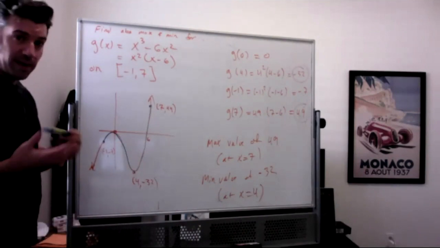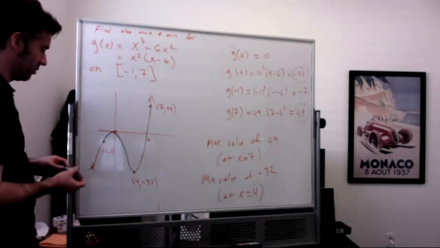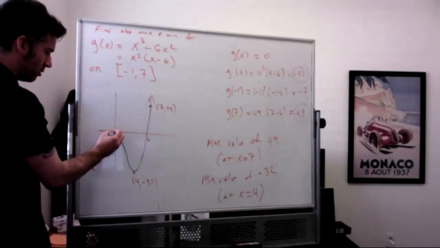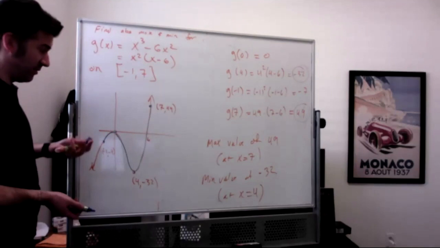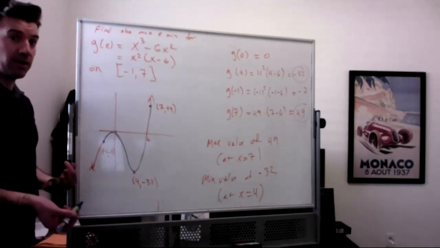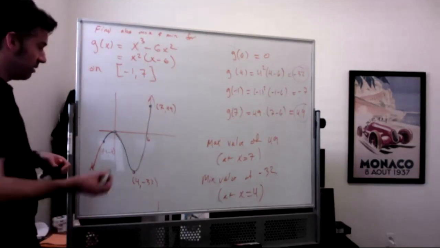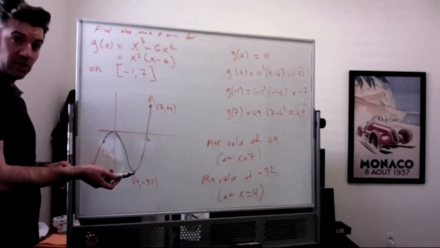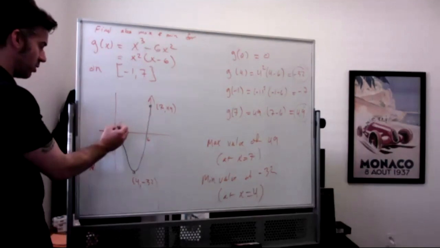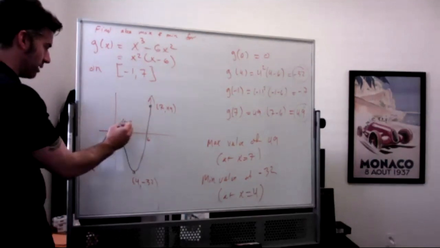I will also mention, because we're going to start talking about this sooner than later, this point here, although it's not an absolute maximum, right? It's not the biggest thing we have. It is a relative or local maximum, because that y value there is larger than all the y values that are next to it. So that's a local maximum.